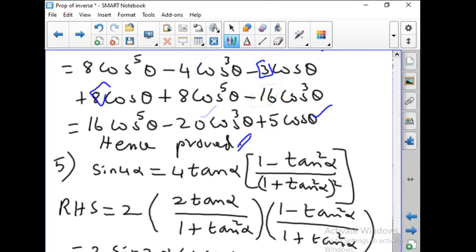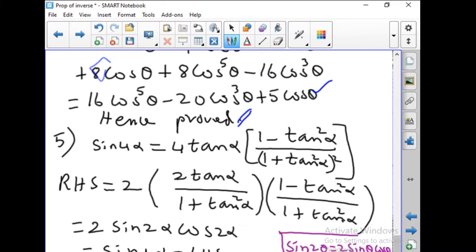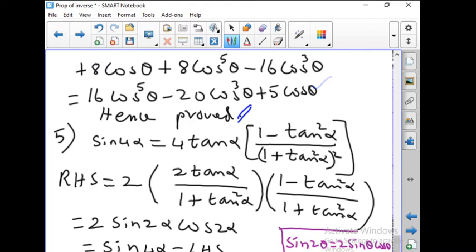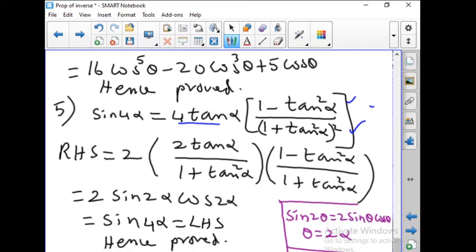Now coming to the fifth question, question number 5. Sin 4 alpha is equal to 4 tan alpha into (1 minus tan square alpha) by (1 plus tan square alpha) the whole square. We have to prove this. So take the right hand side. 4 can be split as 2 into 2.